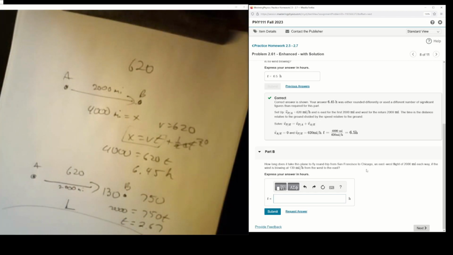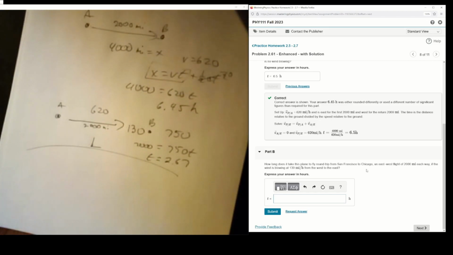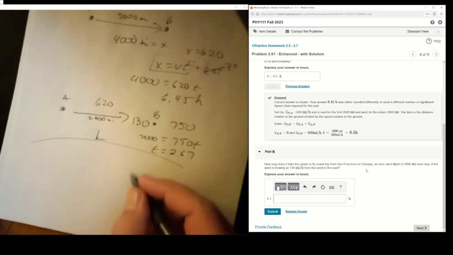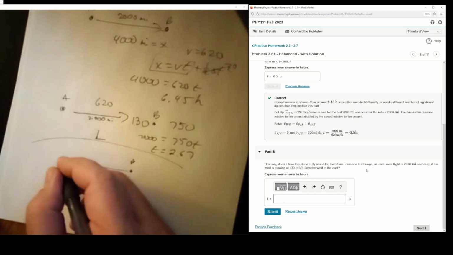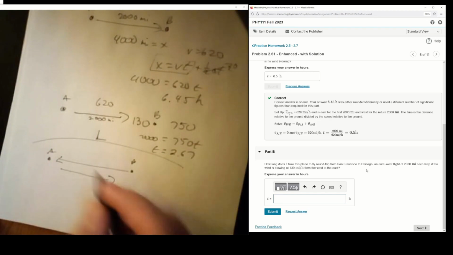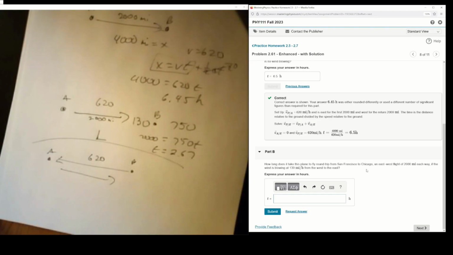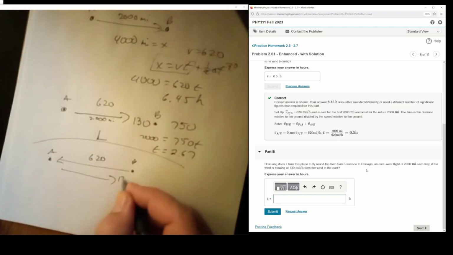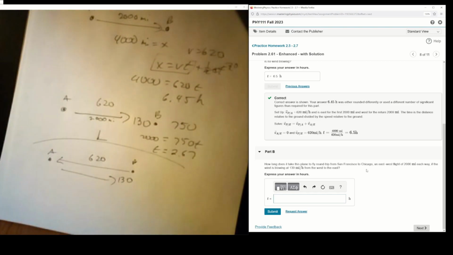And that's for going to Chicago, and then from Chicago back, because we still have the wind blowing, so we're going 620 back, but the wind is blowing at 130.